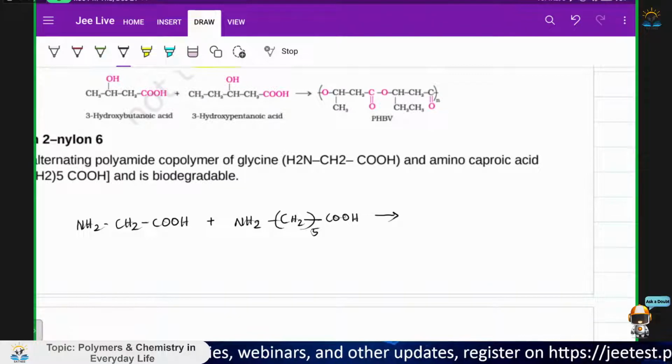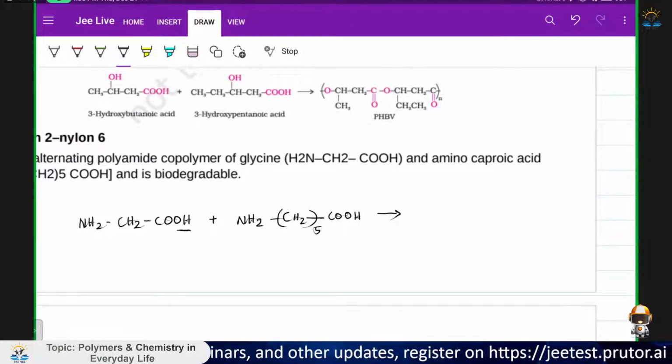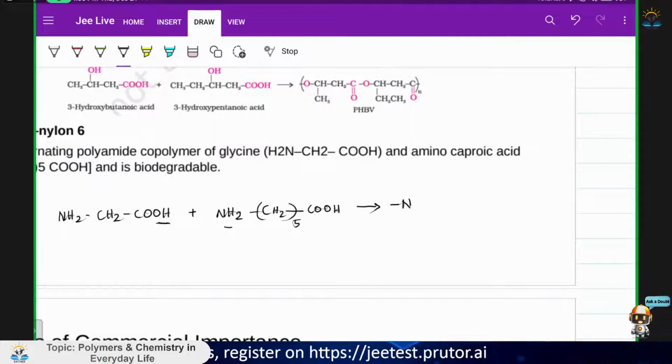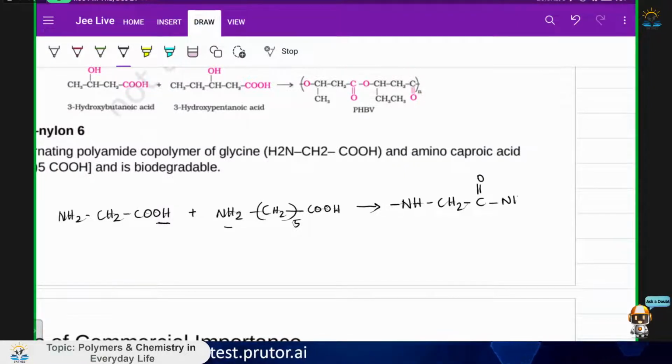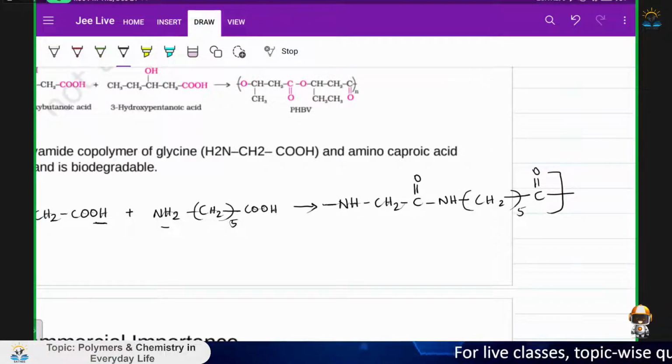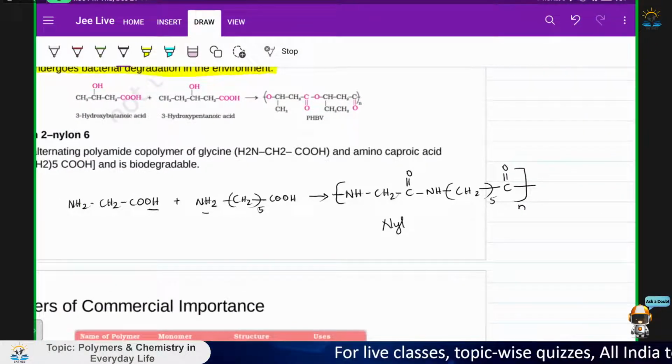The H of the NH2 group and the OH of the COOH group combine and are lost, and we get NH, CH2, C double bond O, NH, CH2 five times, C double bond O, repeated n times. This is what is known as nylon 2-nylon 6.